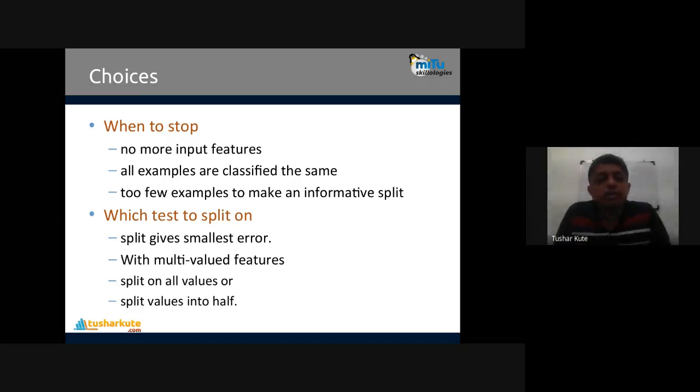Then, with multi-valued features, when the features have multiple categories, like we have seen overcast, rainy and sunny, three different values in that particular feature, you split based on that.